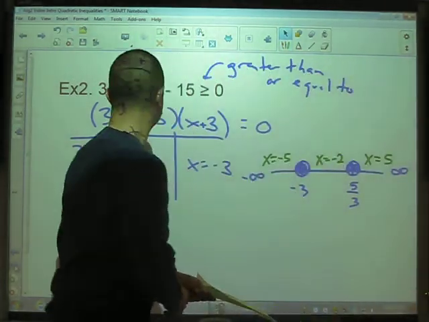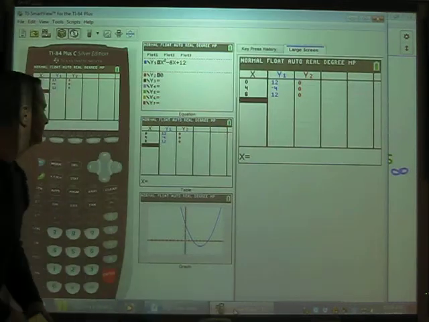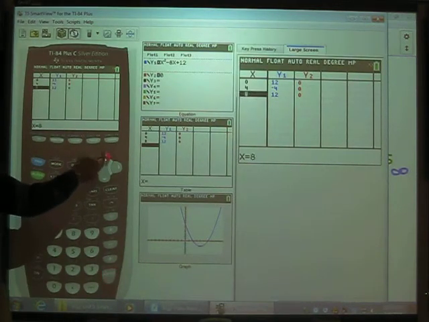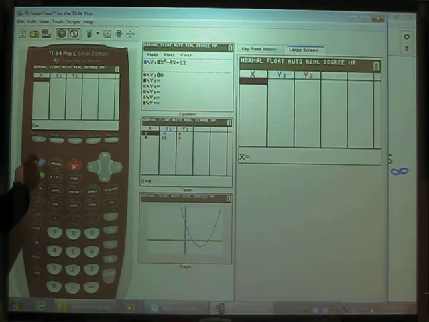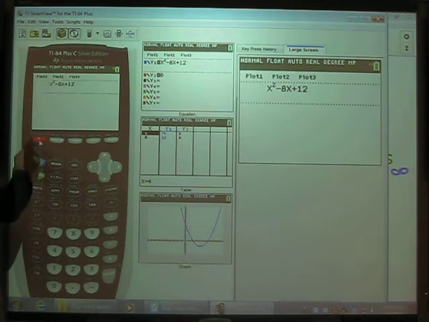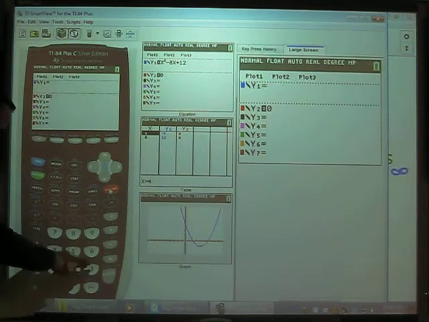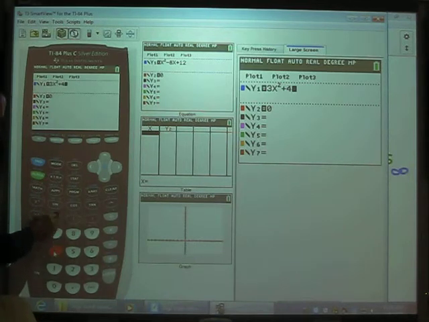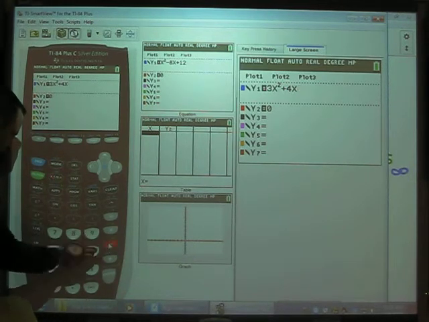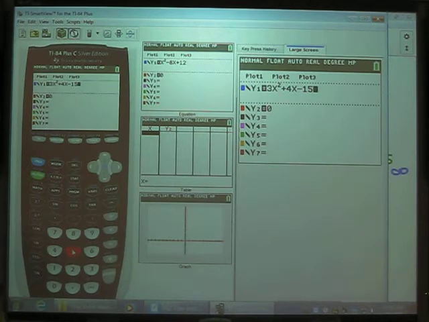Okay, so let's now put this one into the calculator. Clear out these old values. Okay, so this is 3x squared plus 4x minus 15. Once again, the 0 is fine.